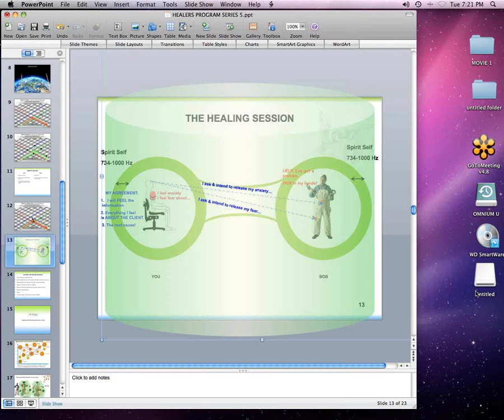I am asking now to resolve once and for all the experiences related to the loss of my dad and replace it with a new energy of clarity and joy and a sense of adventure about life.